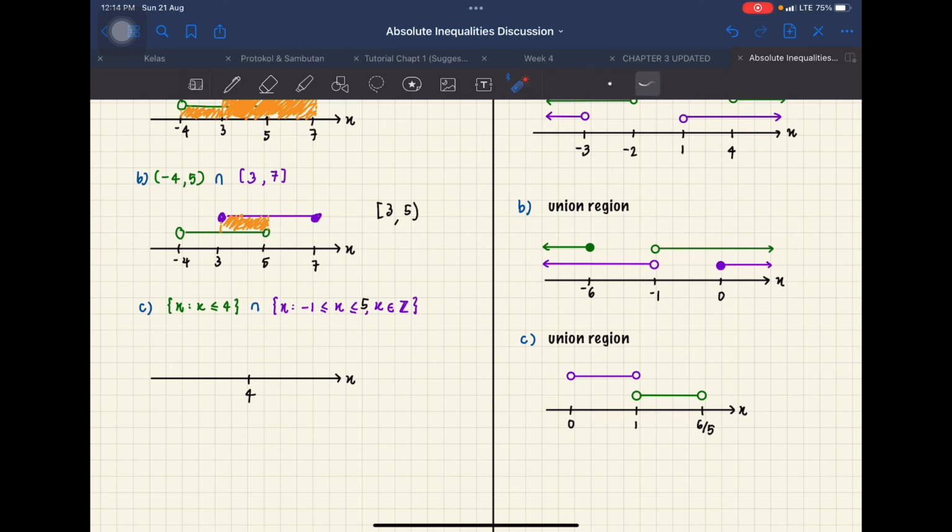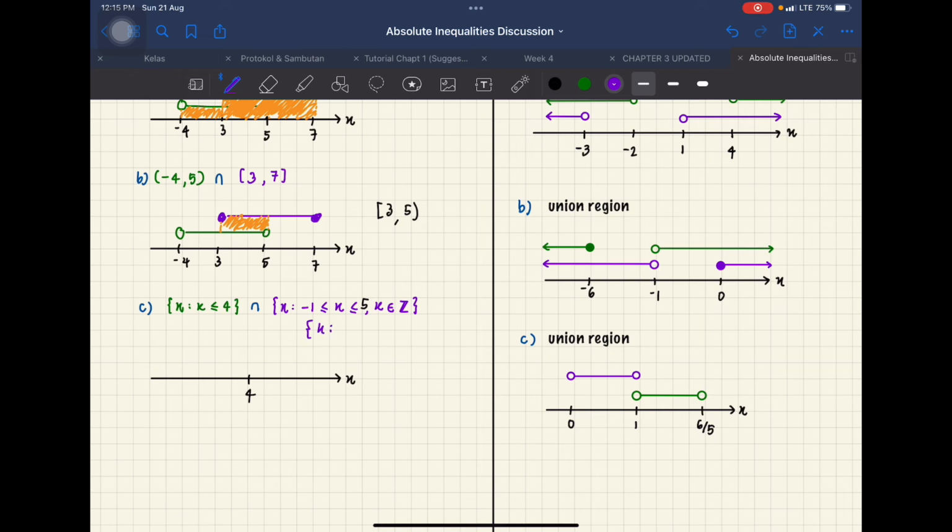Okay, and then here it says, sorry, it says X is in between negative 1 and 5. So for example negative 1 here, 5 here. For the purple one, it goes from here to here only. But it says Z. What is Z? Z, I believe it's integer, a whole number, and it can be negative as well. So the values for the purple one are elements.